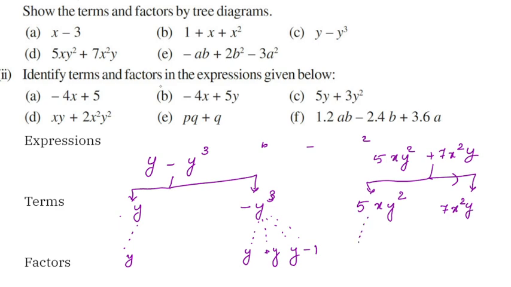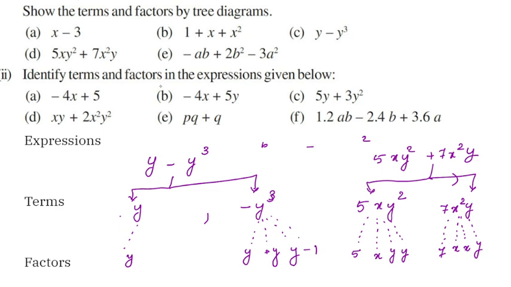What are the factors here? 5, x, and y square can be written as y into y. Here 7, x square can be written as x into x, and y. Now can you do the next one in a similar way? You can do that.